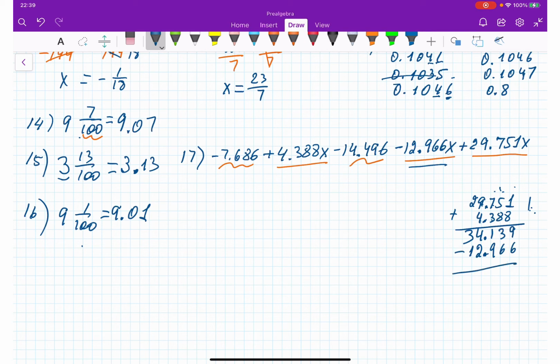Okay, let's subtract. 9 minus 6 is 3. 13 minus 6 is 7. Here left 0. Borrowing from here. 10 minus 9 is 1. Here left 3, right? 3 minus 2 is 1. And 3 minus 1 is 2. So we get 21.173x. Okay?